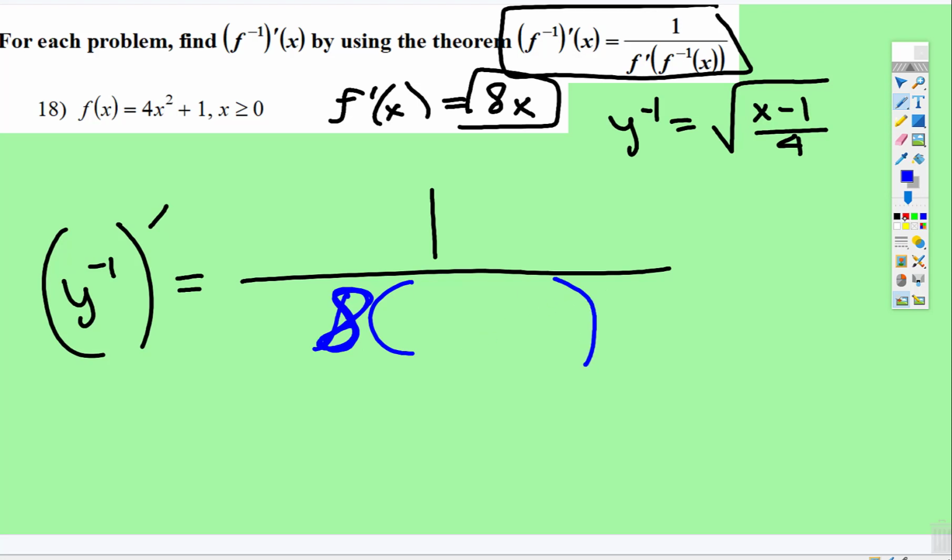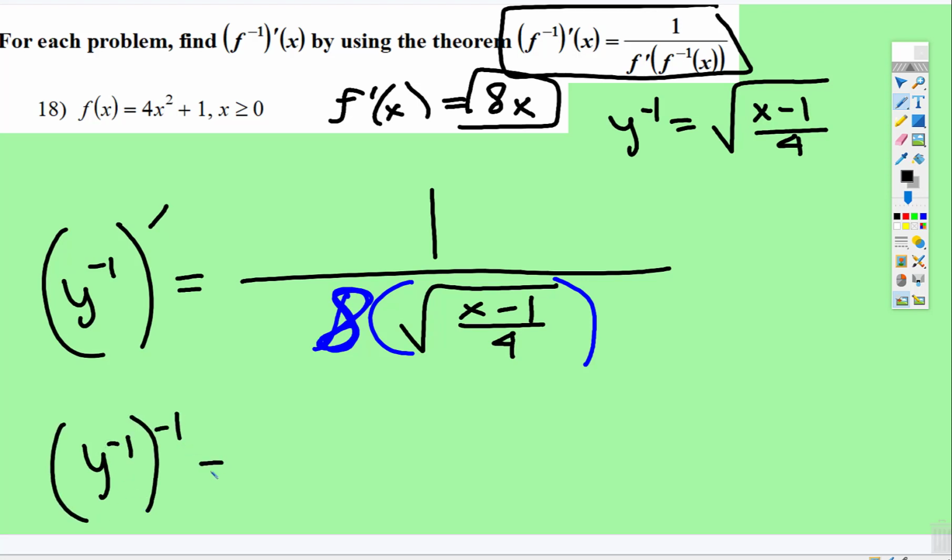And where the x is, you would put the inverse. So the inverse is the square root of x subtract 1 over 4. And then you can simplify this. Well, what's 8 divided by 4? It's 2. So we end up with 1 over 2 square root.